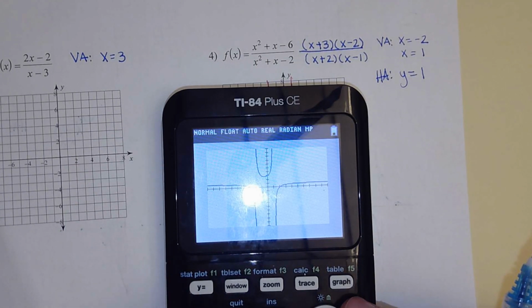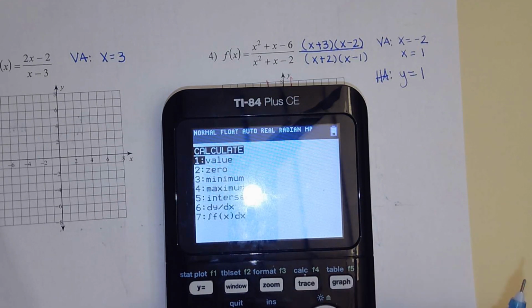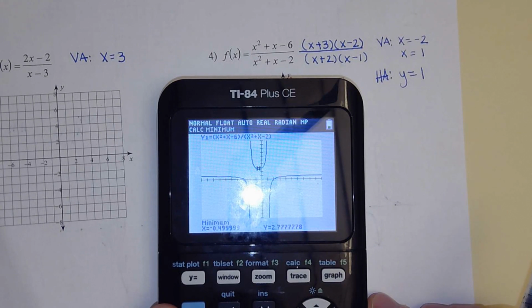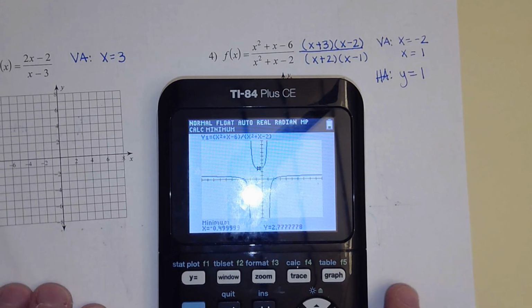So second calc, 3. I'm going to go to the left side of it, and then I'm going to go to the right side of it. And so you can see that I have a minimum at -0.5 and 2.7 repeating.